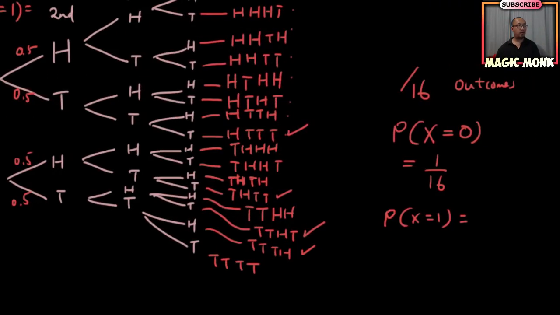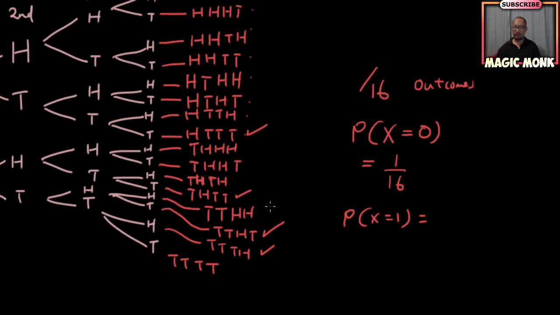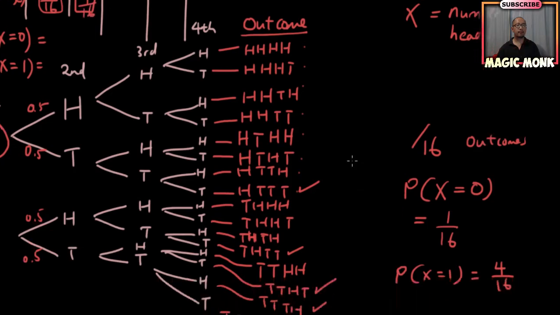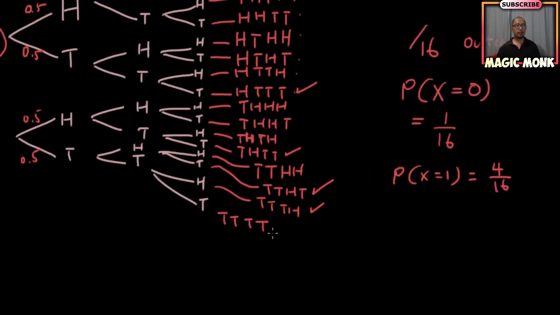So the probability of x being equal to 1, that's how many of these have one head, and I can see 4 of them, so the answer is going to be 4 out of 16. So 4 out of 16, let's write that here. 4 out of 16, we've covered that one.